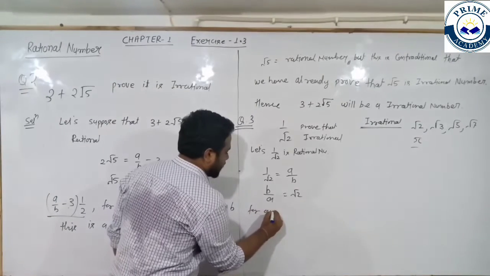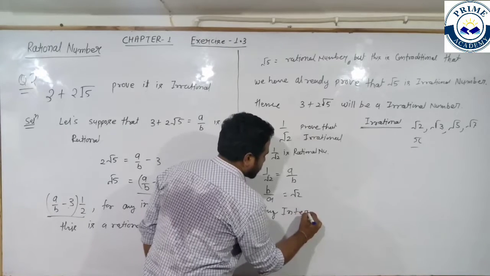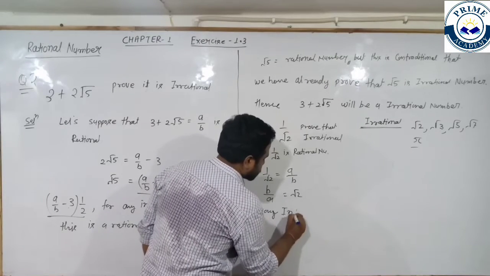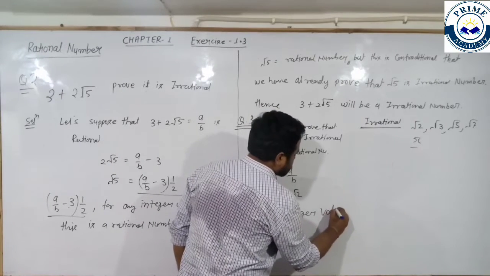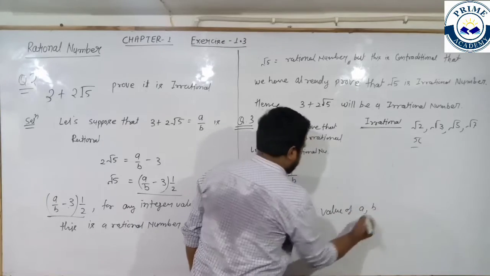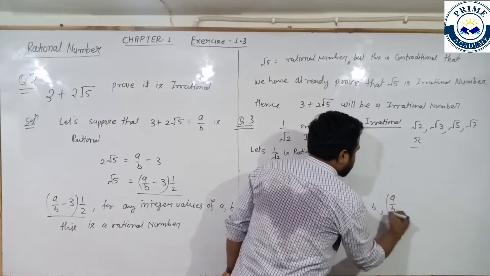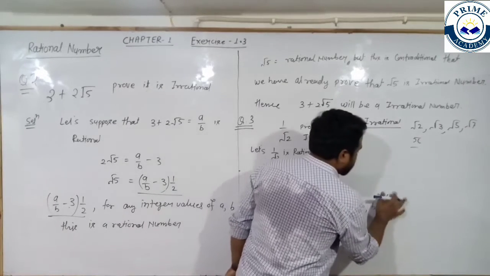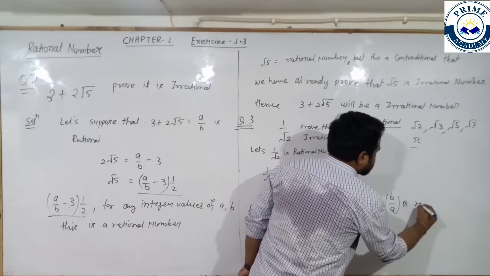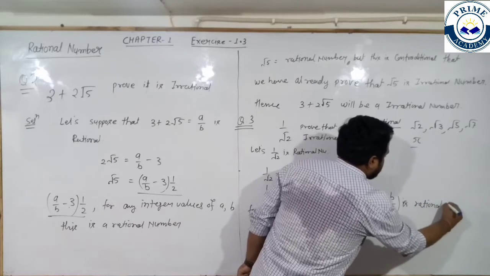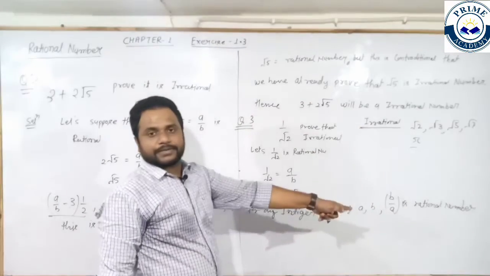For any integer value of a and b, b upon a is a rational number, right?